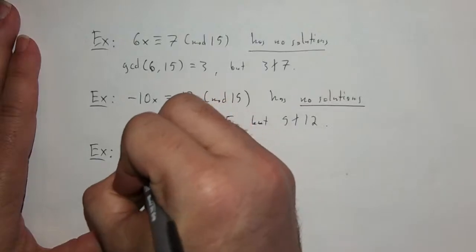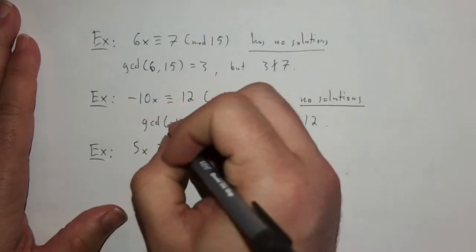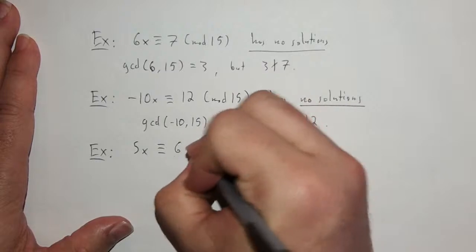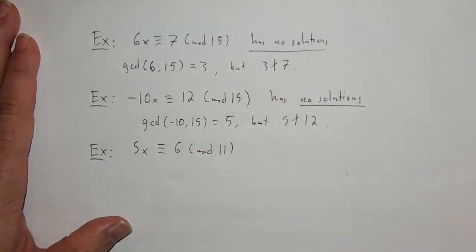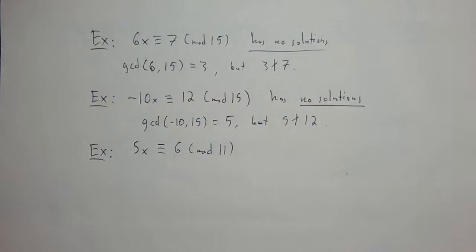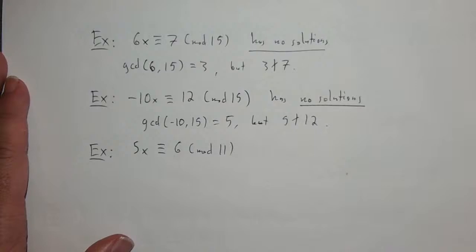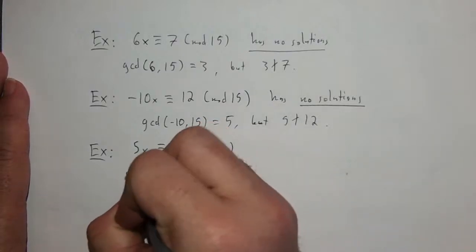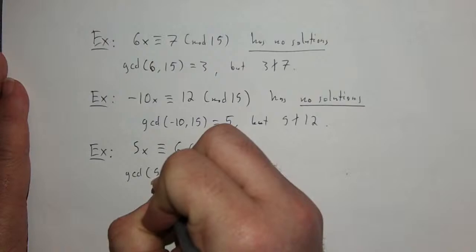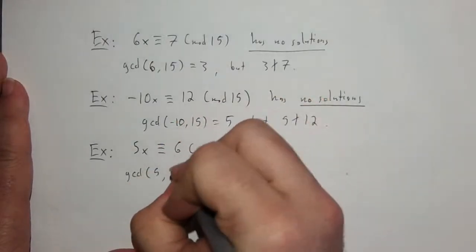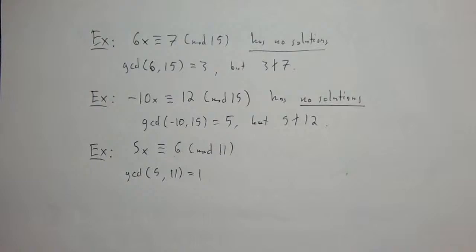What about 5x is congruent to 6 mod 11? Okay. So let's compute. The GCD of 5 and 11 is 1. So by our theorem, how many solutions that are distinct mod 11 should we expect? 1, right?